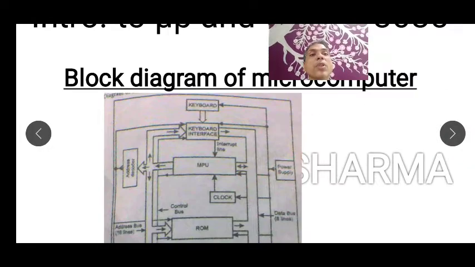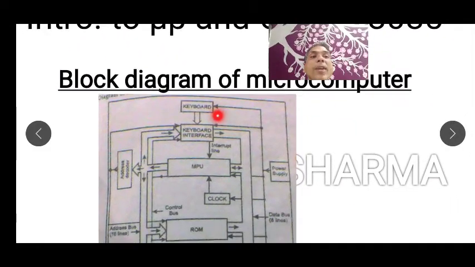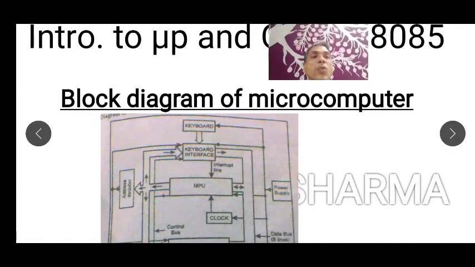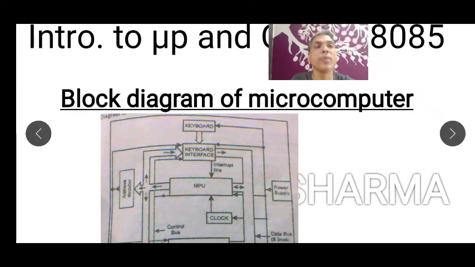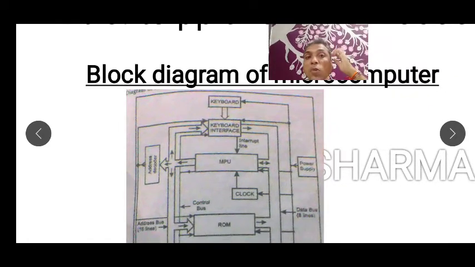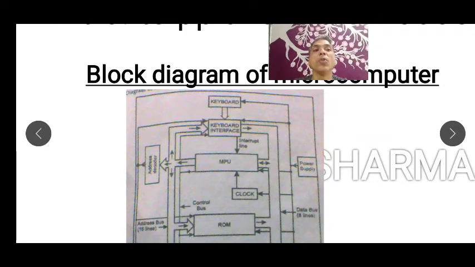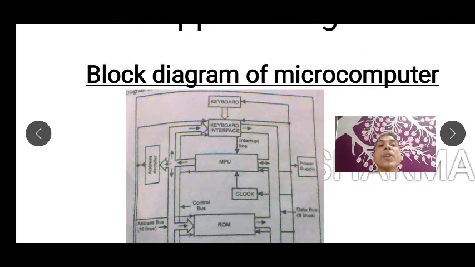I think you can see this is a block diagram of a microcomputer. It's not of a microprocessor, it's a block diagram of a microcomputer. In this, we'll go through how the actual microcomputer is organized.